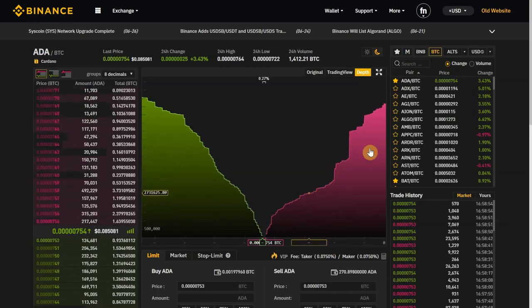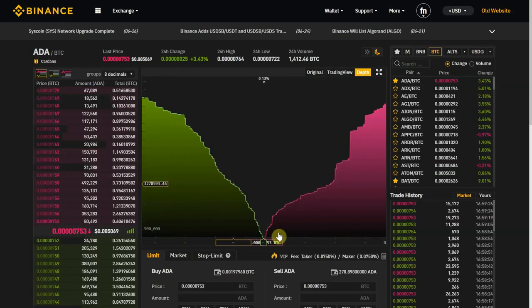Anyways, let's say you want to sell and you're looking for the best place to put your sell order. Let's imagine that the price is showing up here, let's say it's 766 over here. I know that if I place an order above 766, I'm going to have to wait for all this area to be cleared before my order is sold.